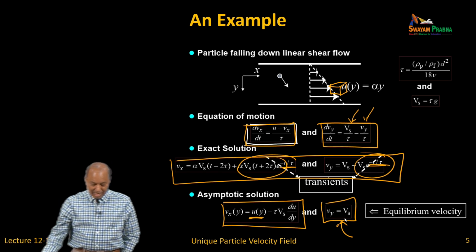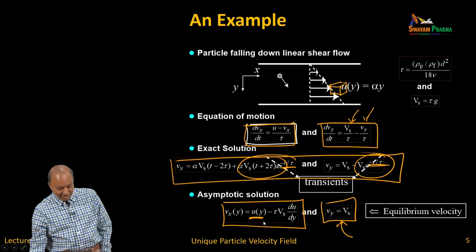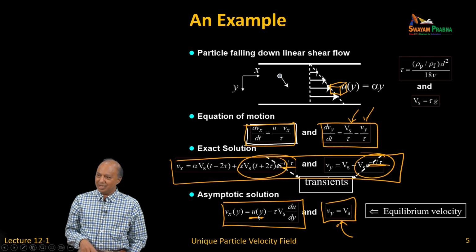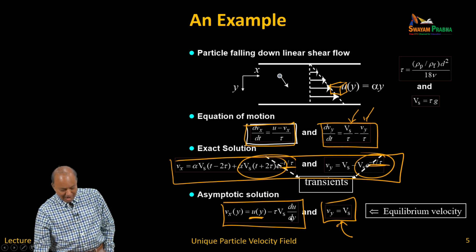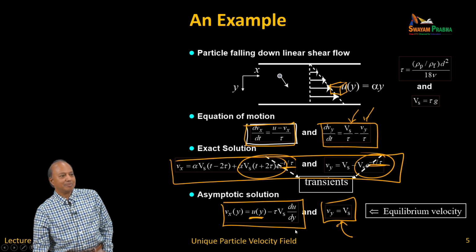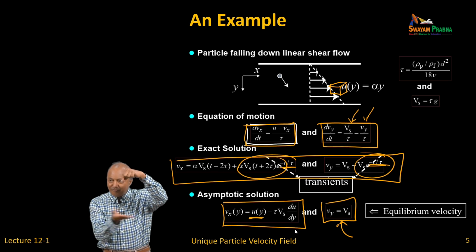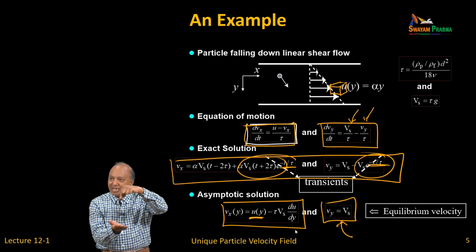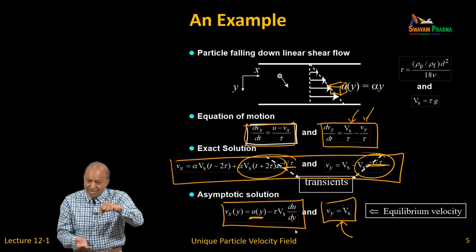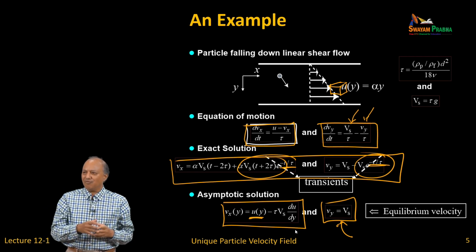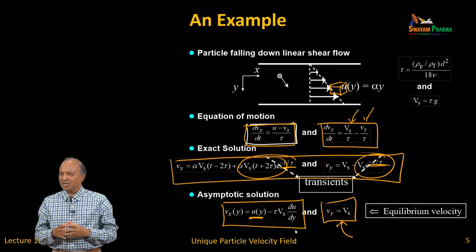Okay. Now, look at this x velocity. It is very interesting. It says the x velocity of the particle is the same as the local fluid minus this term. What do you think is this term? In other words, the particle falling down is going to faster and faster fluid, but at any point the particle's velocity is almost the same as the local fluid minus a little bit.